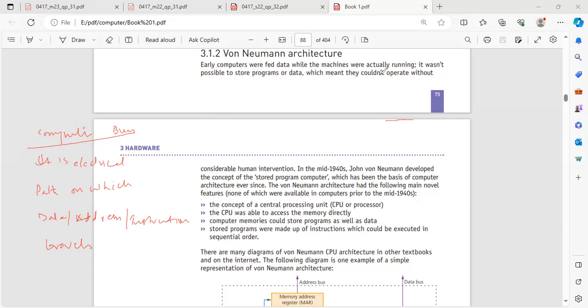So remember, computer buses mean an electrical path on which data, addresses, or instructions travel.